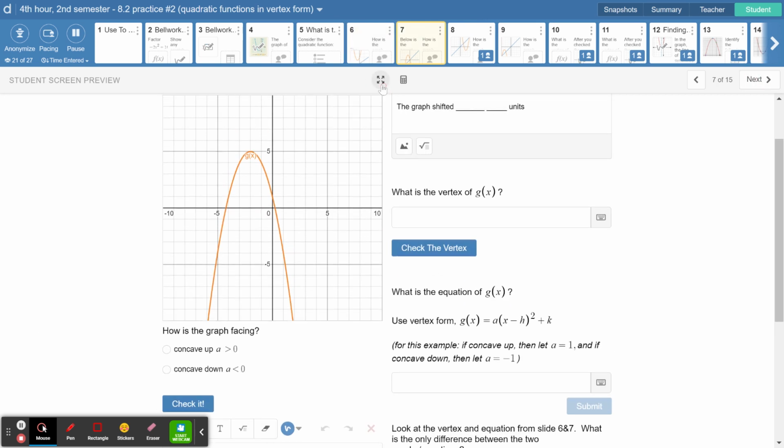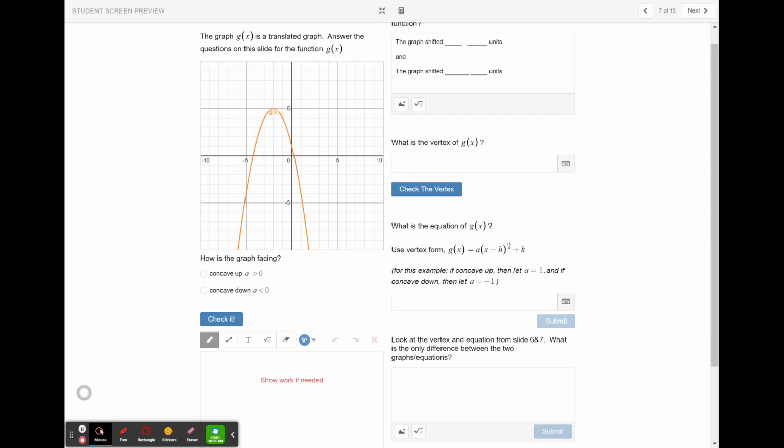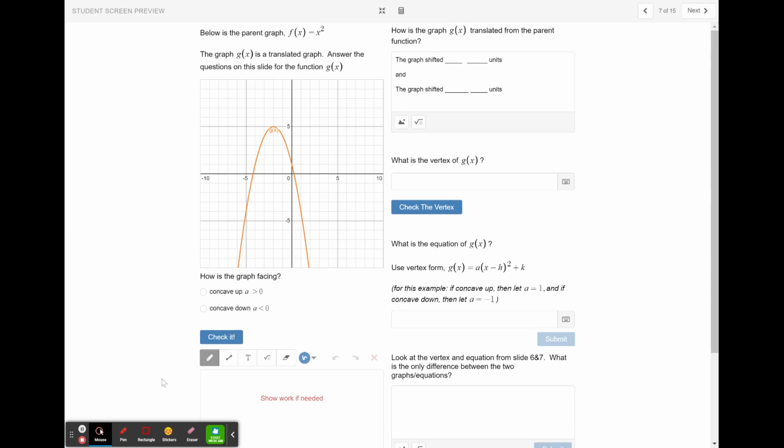Same thing for slide number 7. Slide number 7, the only thing is it's facing downward. It doesn't matter. It's still a parabola. It's a hill instead of a bowl, and that's okay. So from the origin, how did it shift? It shifted left. How many units did it shift? It shifted left 2. And then once again, it went up 5.